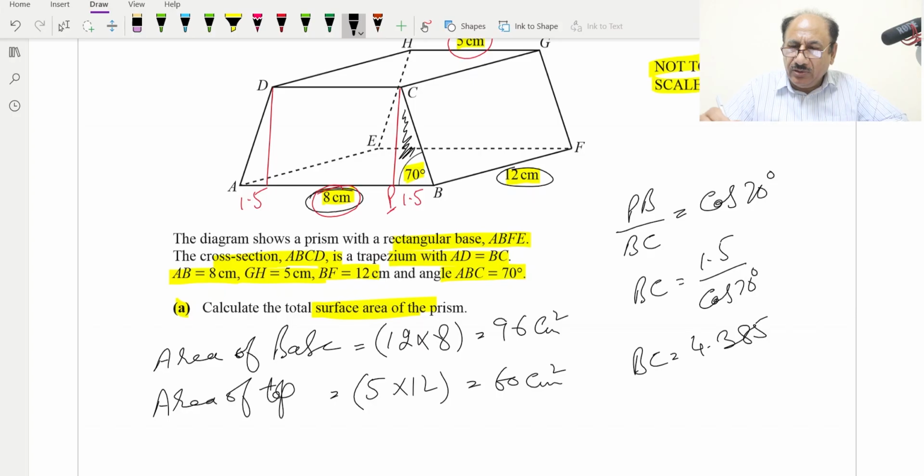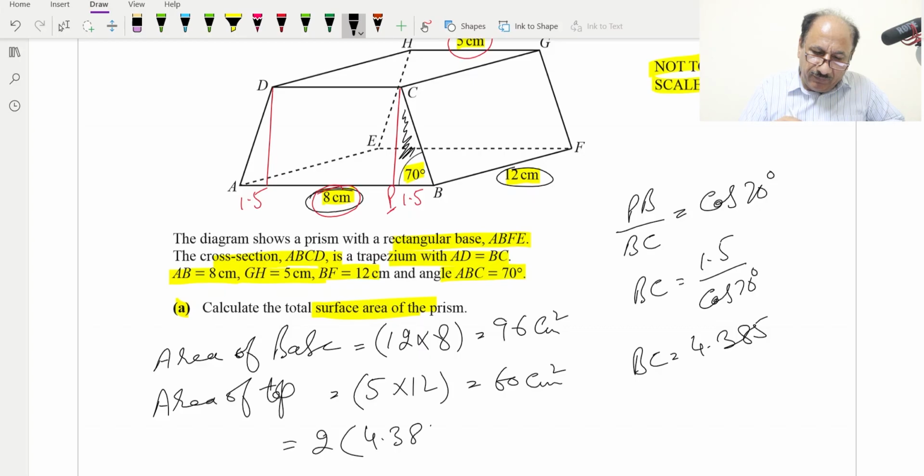4.385 I'm writing. And this is basically BC, and now we can write the slanting sides. The area of the slanting sides will be 2 into 4.385 multiplied by 12, and this one we will calculate.